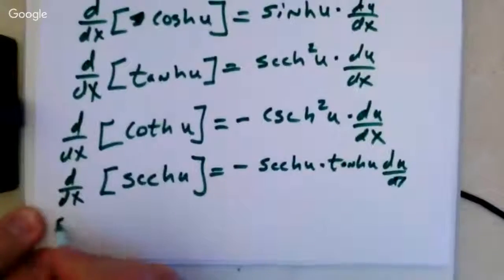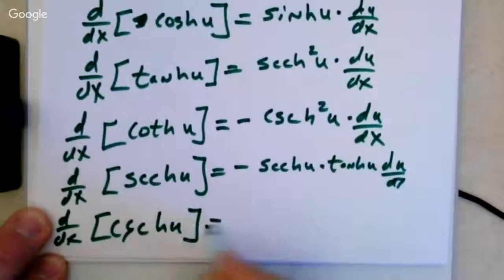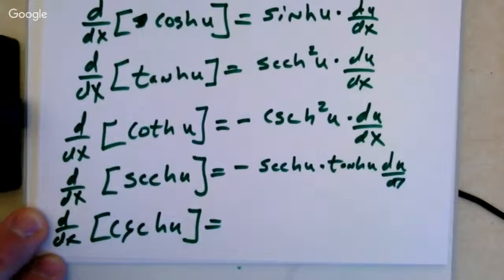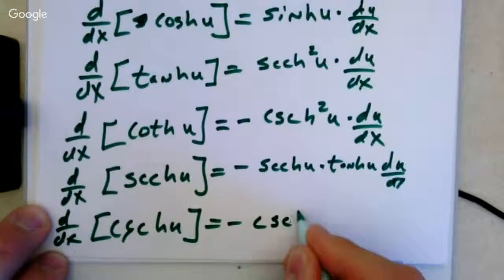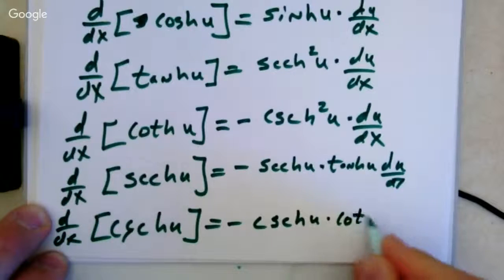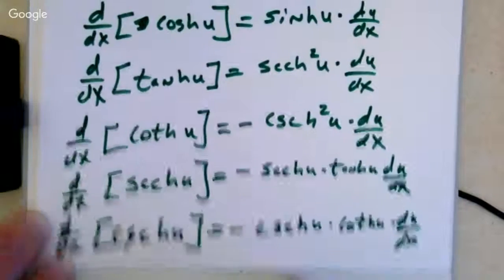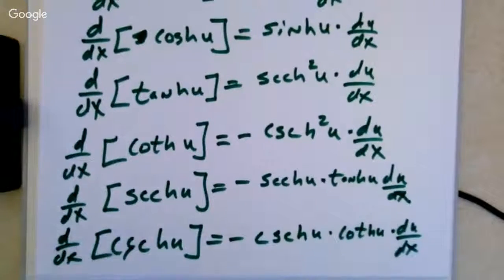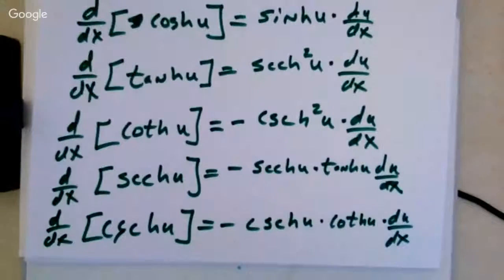And normally the derivative of cosecant is negative cosecant cotangent. Yep, and for hyperbolic it's negative cosecant hyperbolic, cotangent hyperbolic, du dx. So if good news is the right word, the only good news is all of the reciprocal trig hyperbolic functions are all negative. All the regulars are positive.